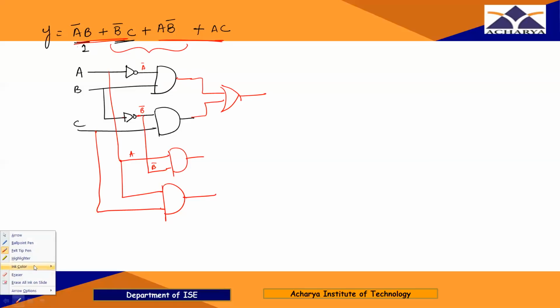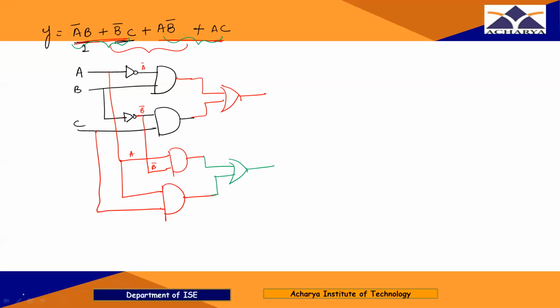Which one is it? This one. This OR gate. Now I'm going to draw an OR gate for this term. So this is one OR gate.